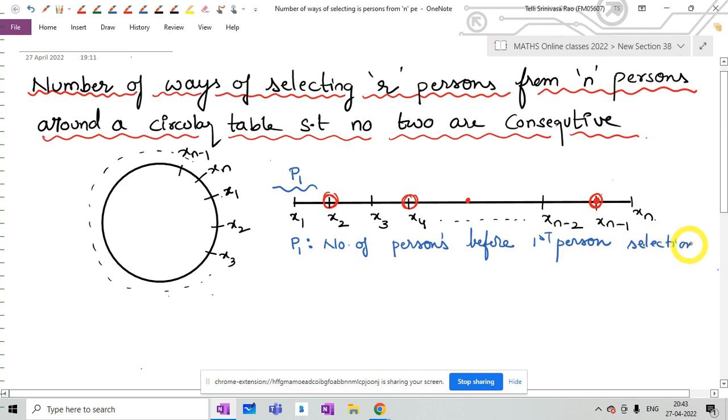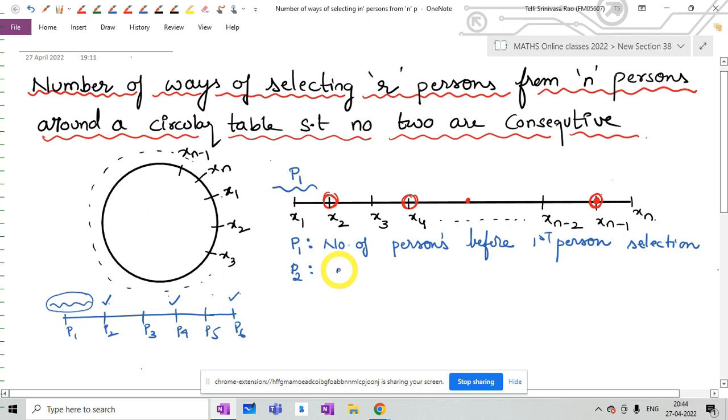For example, if you take five persons, P1, P2, P3, P4, P5, out of those we want to select three persons in such a way that they are not consecutive. So P1 stands for how many persons are there before the first person selection.